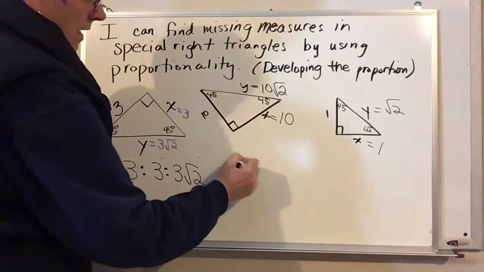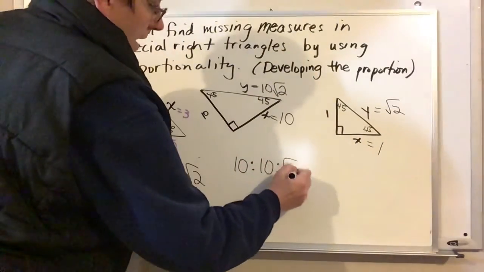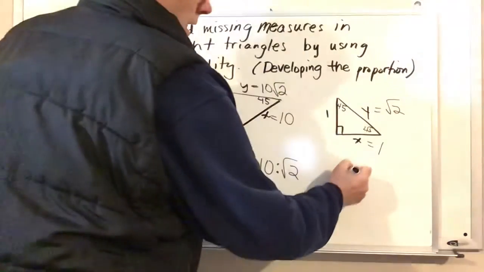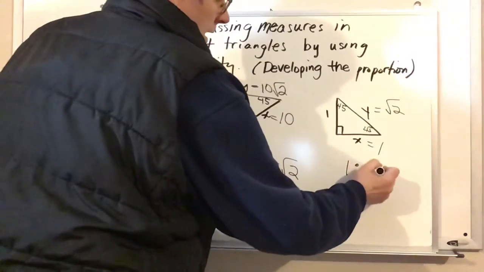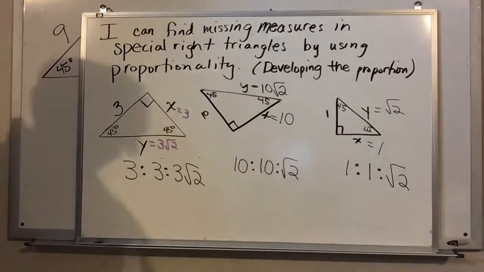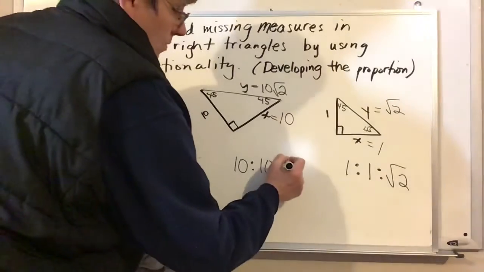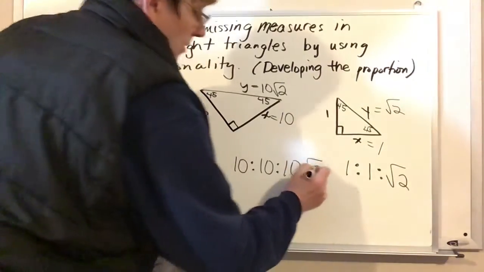Over here, leg to hypotenuse. And over here, leg to hypotenuse. Now, I made a mistake here, sorry, it wasn't square root of 2, it was 10 times the square root of 2.